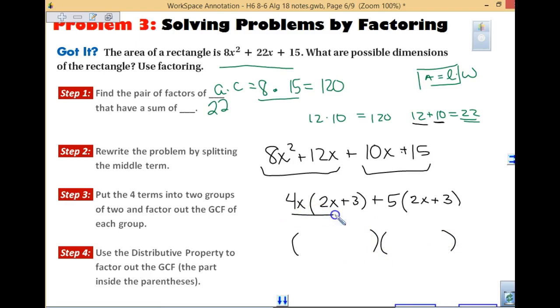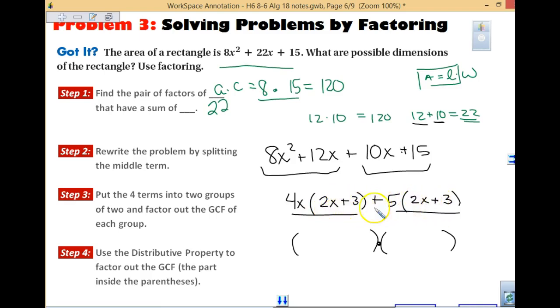So what did these have in common that we want to factor? Because our final answer for this factor has to be one parenthesis, a binomial times another binomial. So what does this big binomial right here have in common?